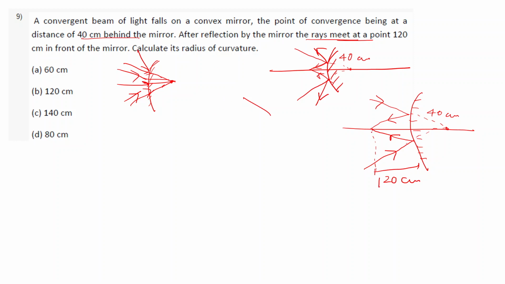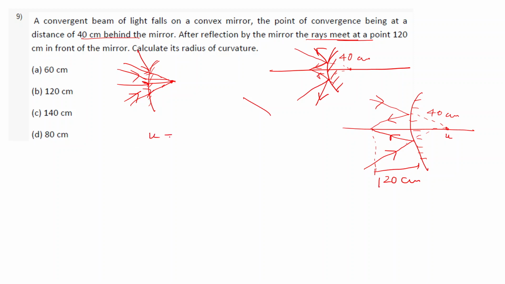Now the question is to calculate the radius of curvature. For this situation, this is the final image. You can consider this is the object, and the image is forming at 120 centimeter here.